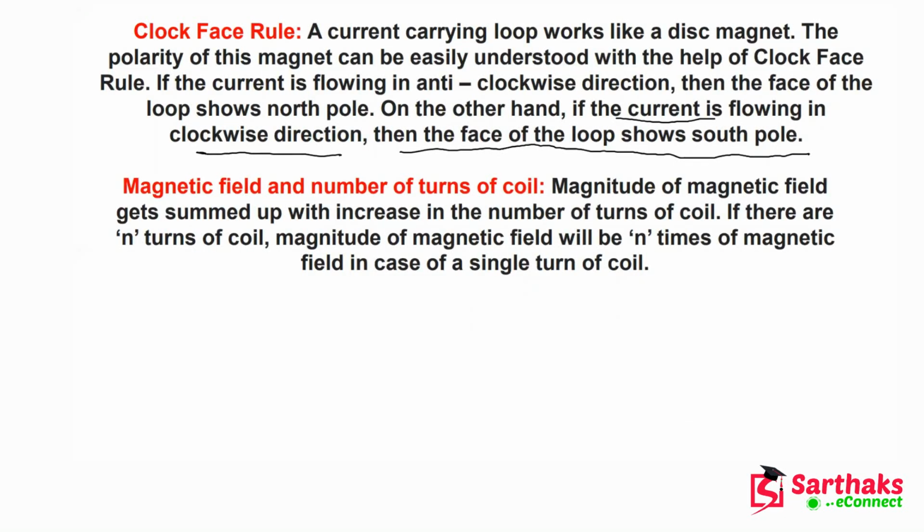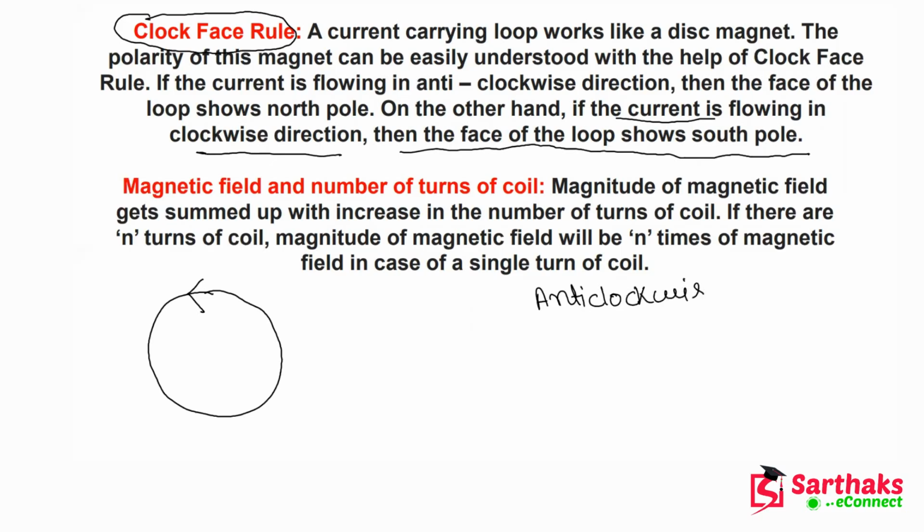Basically, by this clock face rule, we can simply find out the polarity of a circular loop. Let's suppose this is a circular loop and current is flowing in this direction. You have to remember that according to this rule, if the current is in the anti-clockwise direction, then this face will be a north pole.